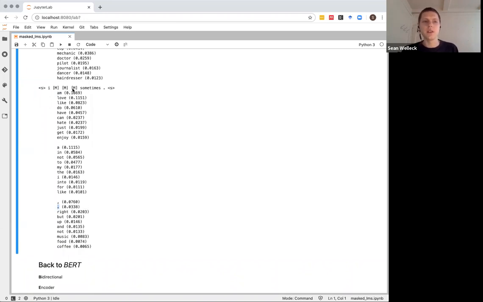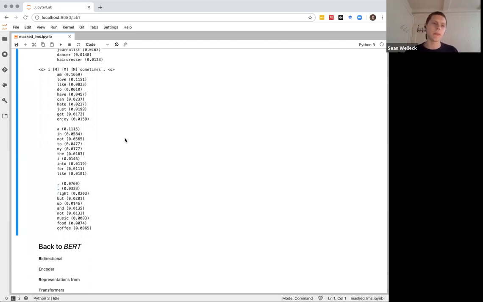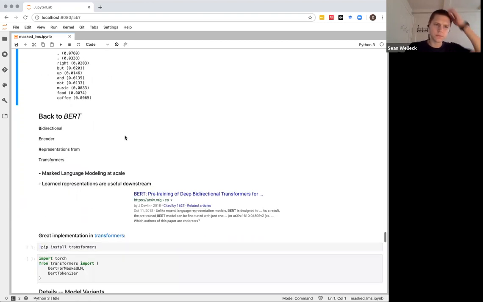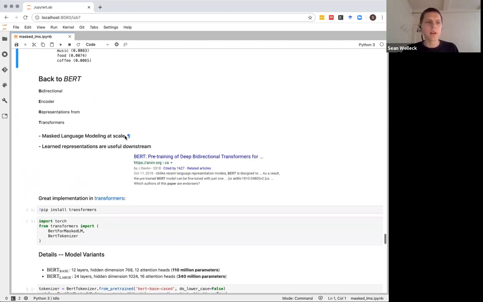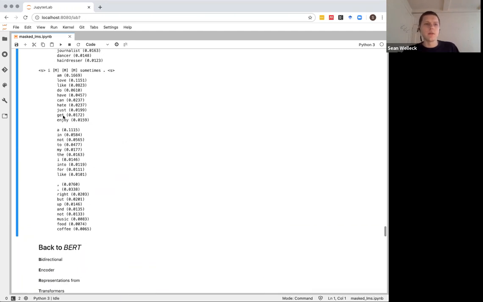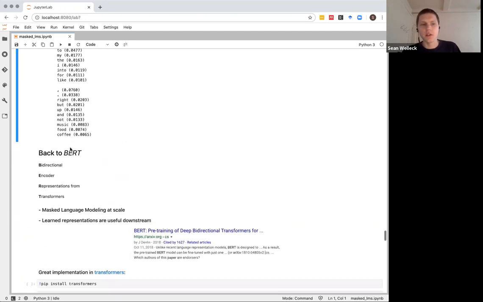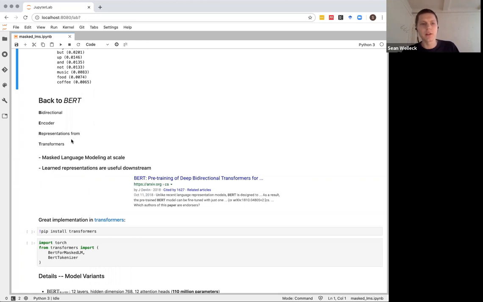So here you could see that it's not able to take into account the prediction value because you're doing it all at once. And that's maybe just a property of the way that we're doing masked language modeling here that is good to understand. Okay, so this explicitly showed how to do the masked language modeling.